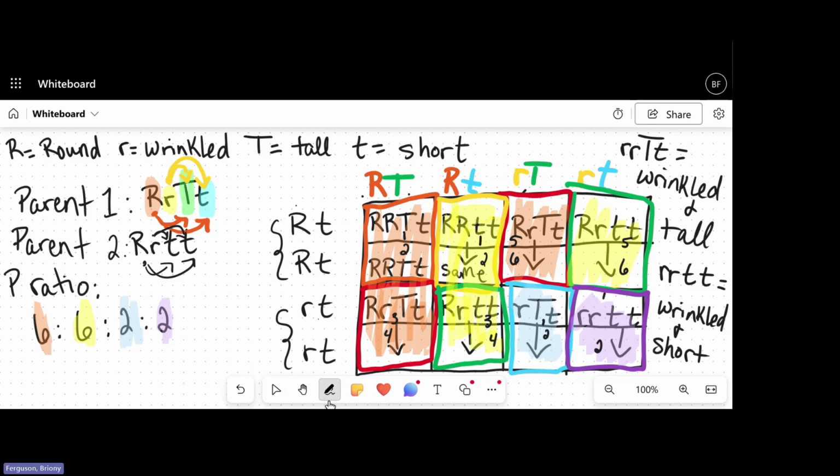Now, if you want to, you can then simplify this into 3, 3, 1, 1. But you don't have to. I'll know what you mean with the 6, 6, 2, 2, and that's perfectly fine to indicate the total number of offspring for our Punnett square in this particular instance.